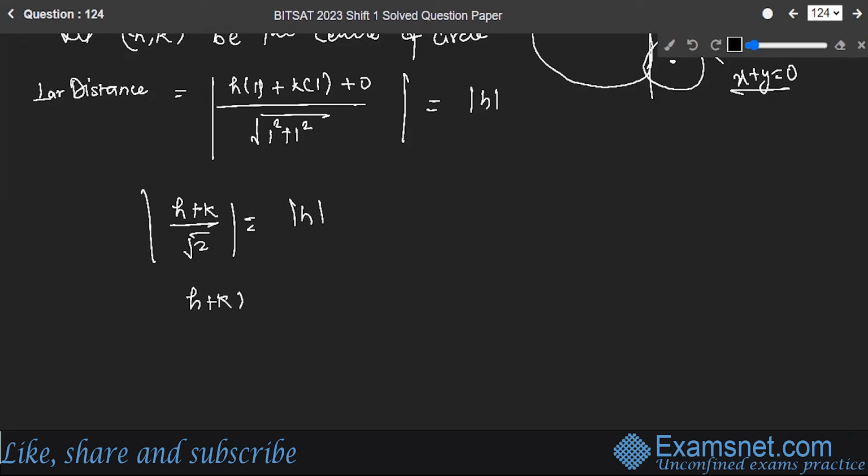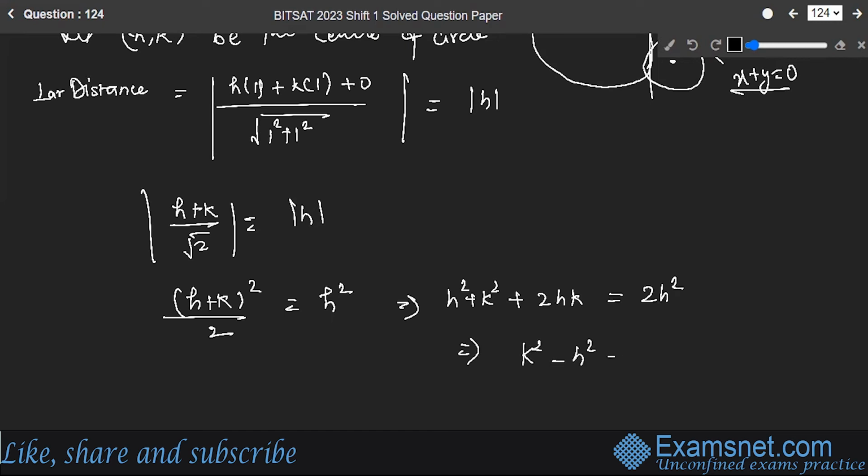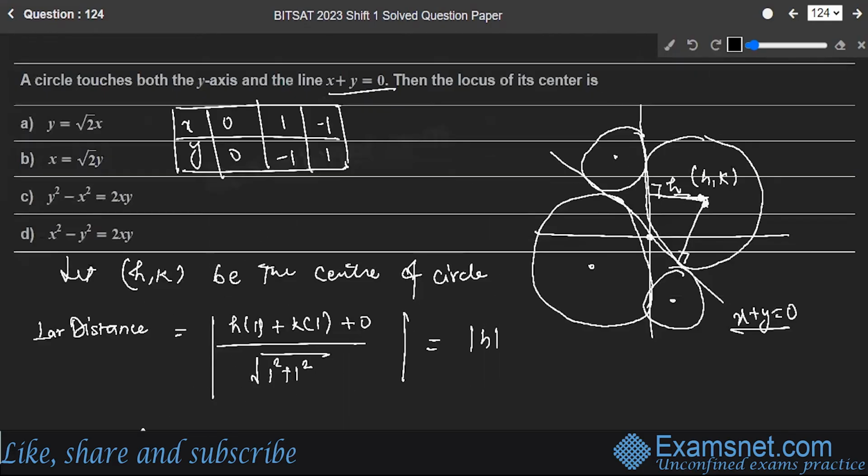You have h plus k whole square upon 2 is equal to h square. Or you have h square plus k square plus 2hk is equal to 2h square, or you have k square minus h square plus 2hk is equal to 0. So this is the locus.